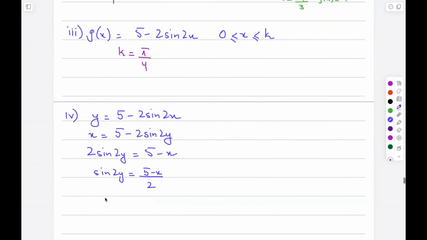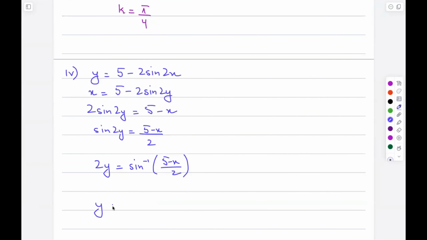Now taking sine inverse, 2y will be equal to sine inverse of 5 minus x upon 2. And then finally, to find the value of y, we'll divide the whole function by 2. There will be a slight correction over here: 2y was equal to sine inverse of 5 minus x upon 2, and y will be equal to sine inverse of 5 minus x upon 2, divided by 2.